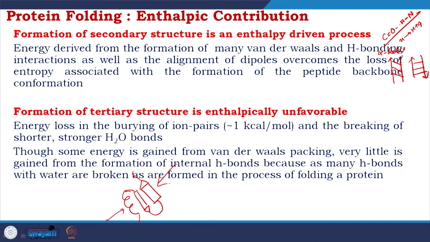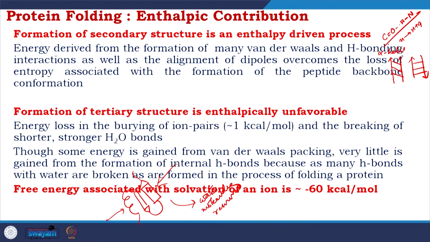When they are coming together, they are making layers, the water molecules start being removed. So, as many hydrogen bonds with water are broken as are formed in the process of folding of protein.